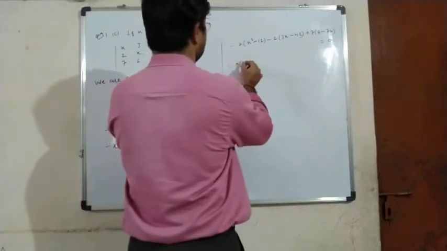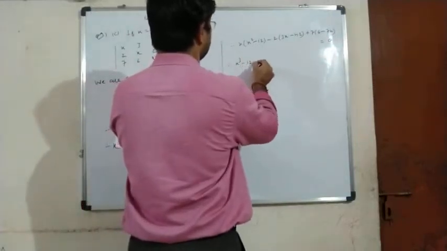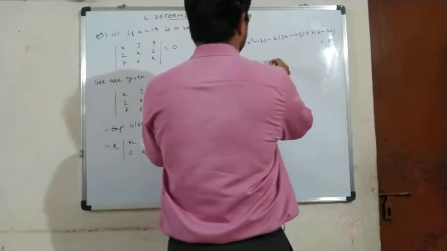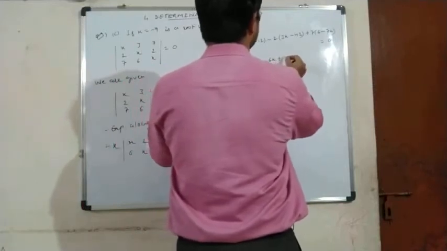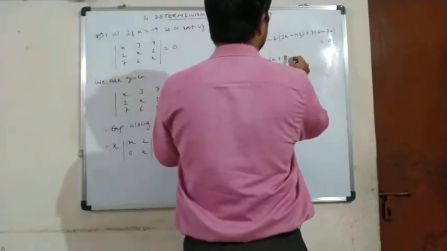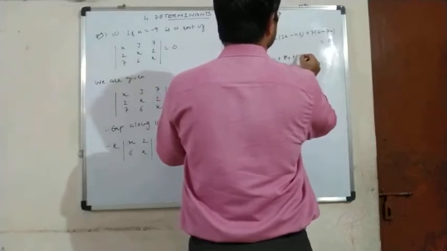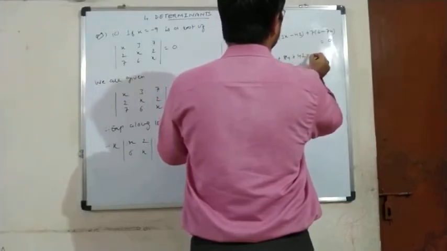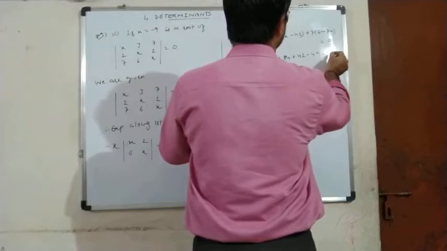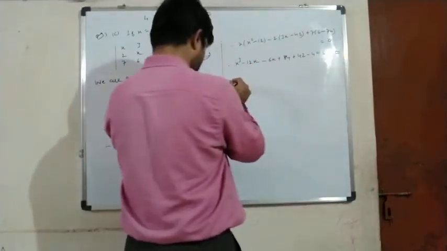Let us simplify this equation. So we will get x cube minus 12x minus 6x plus 84 plus 126 minus 49x equal to 0.